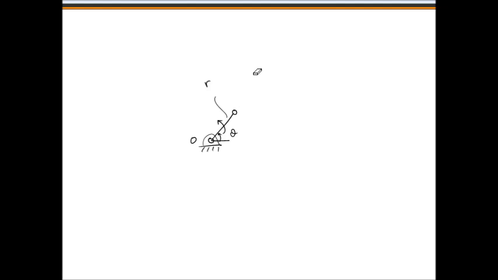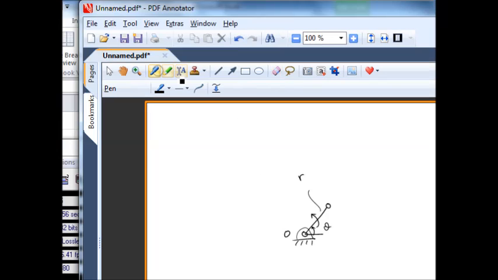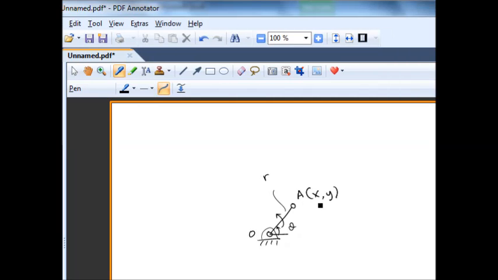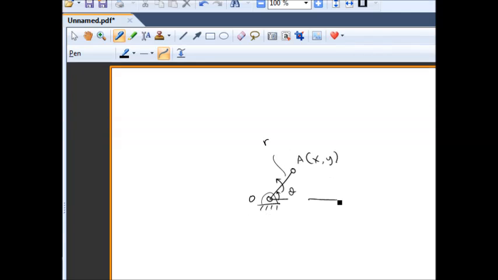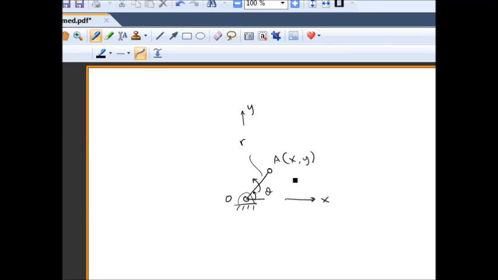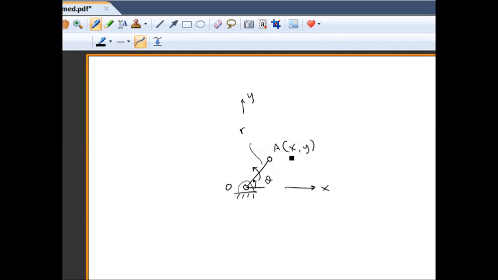Okay, and let's plot the x and y components of point A. Alright, so we'll assume that we have an origin at point O, and I'll draw x and y axes. So point A's coordinates are x and y. If this moves in a circle, we would expect x to be distance r times the cosine of theta.